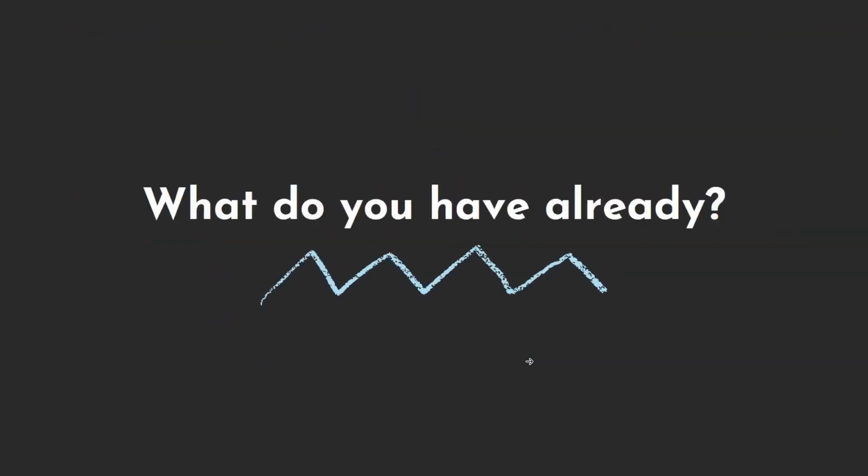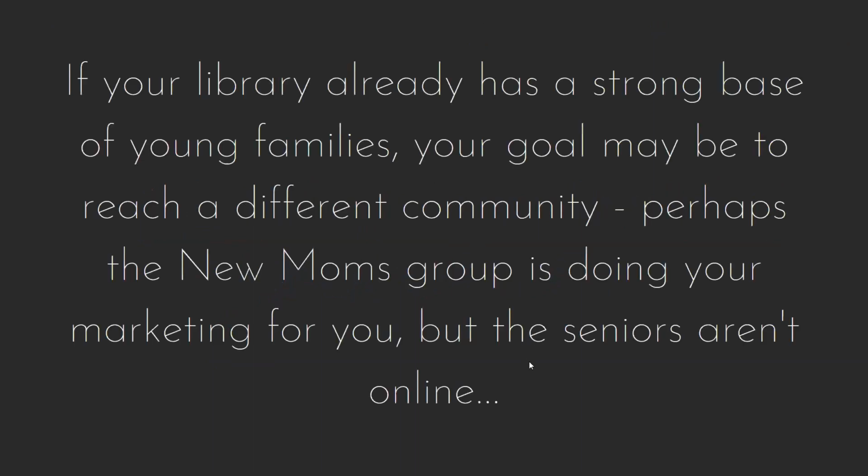So we got through what you have already. To get a little more into this, if you already have a lot of young families coming in for story time, maybe you're going to need to change your behavior in marketing.